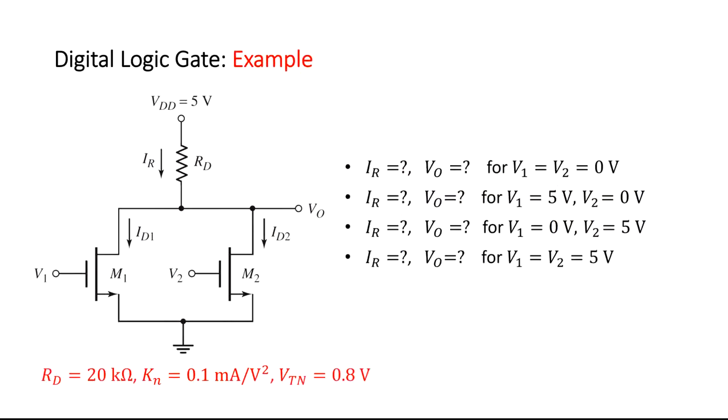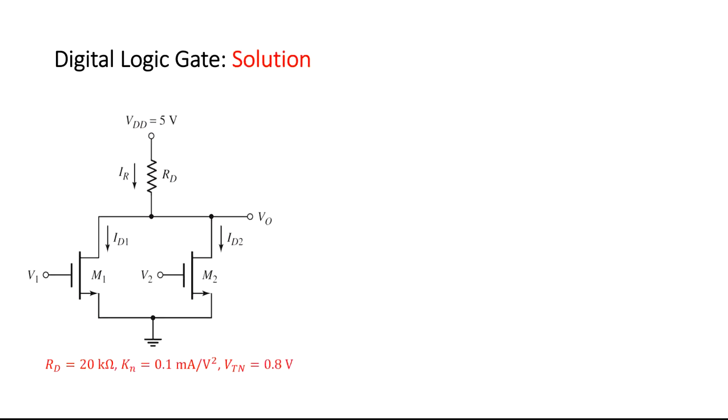In the example, we need to calculate the resistor current and the output voltage for various input conditions introduced in the slide. When both of the inputs are 0, no current flows, and the output is equal to 5 volts. When one of the inputs is high, a current flows where the transistor is on.